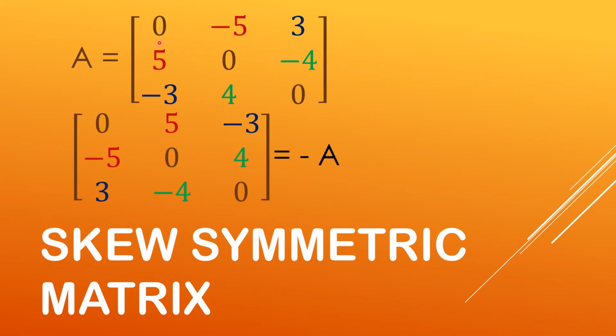To take the transpose, we make the first row as the first column, second row as the second column, and the third row as the third column. And we can see that when we multiply all the elements of A with a negative sign, we get the transpose of A. So, the transpose is negative 1 multiplied with A. So, A is a skew symmetric matrix.